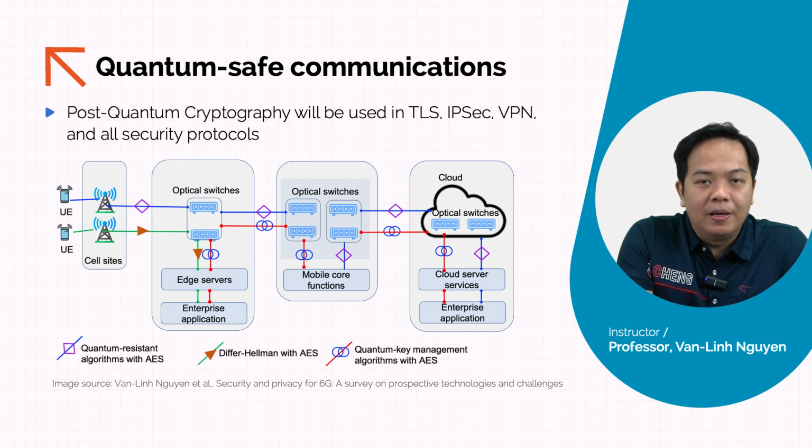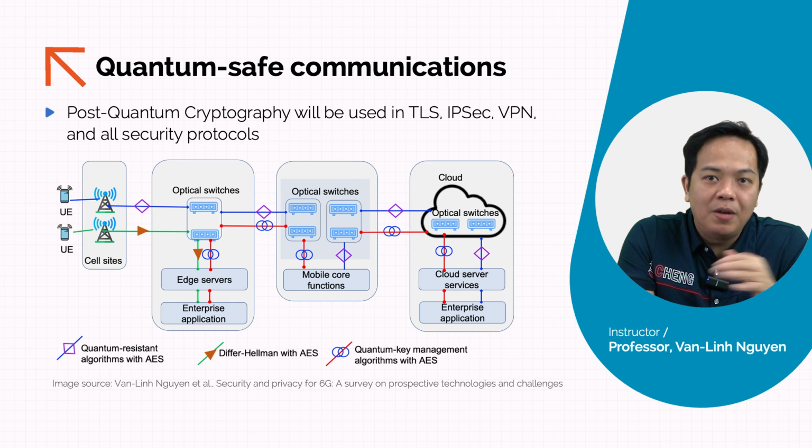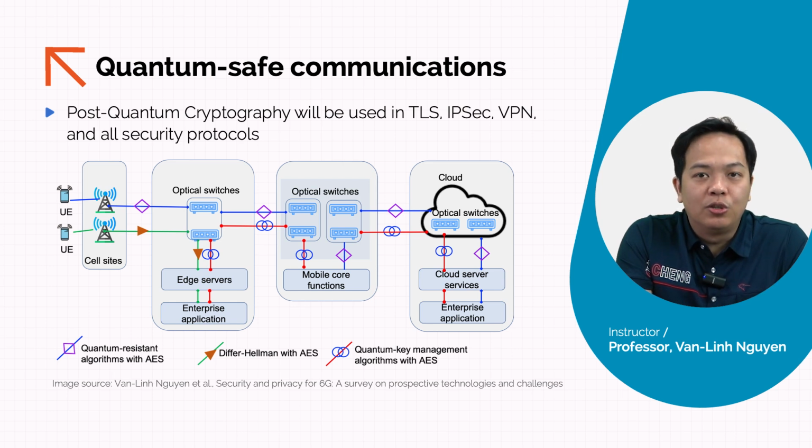So the key point is that post-quantum cryptography will be used to replace it in every core security protocol like TLS, IPsec, VPN, and HTTPS, something like that. It's too important, so that's why many countries currently work on how to implement this new post-quantum cryptography standard in the current practical protocols.